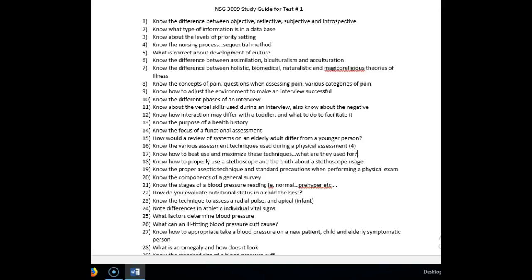As far as, let me see, know the different phases of an interview. Also, I forgot to tell you, when you're interviewing a person, and I even saw this when we were doing it in lab, I may have told some people when I was doing checkoffs, but I would really want to tell everybody that you initially always address everyone by their surname, so by their last name.